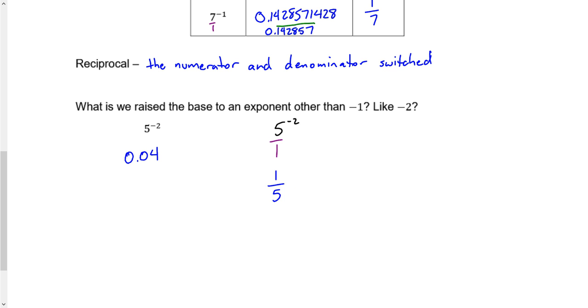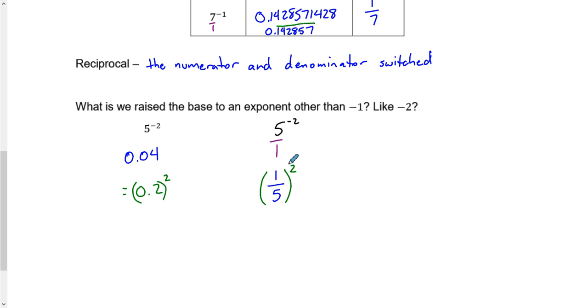At the same time, 0.04 is actually 0.2 squared, which means this entire thing is being squared.